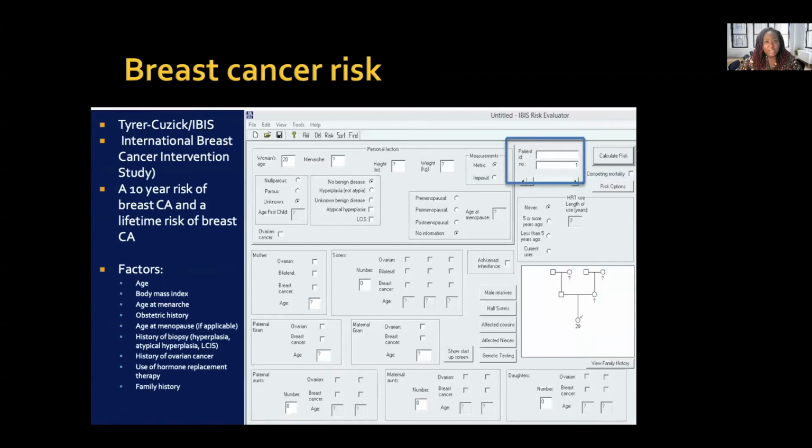Now, breast cancer risk. The typical or classic model that you all have probably heard before is the Gail model. And the Gail model is a good model that has been used historically to assess breast cancer risk.